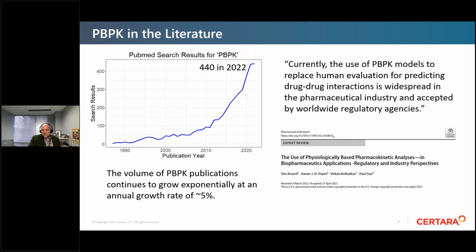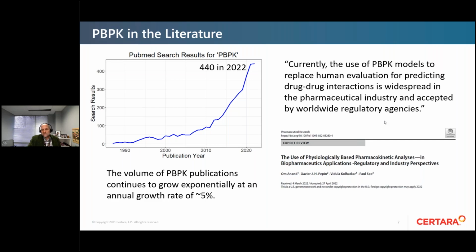Alongside this track record of increasing volume of publications, there's this very nice quote by Ananda et al. from a publication just last March. It says, currently the use of PBPK models to replace human evaluation for predicting drug-drug interactions is widespread in the pharmaceutical industry and accepted by worldwide regulatory agencies.